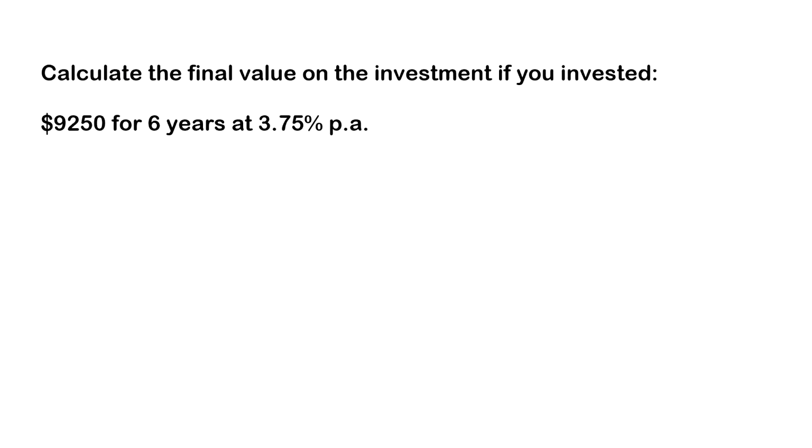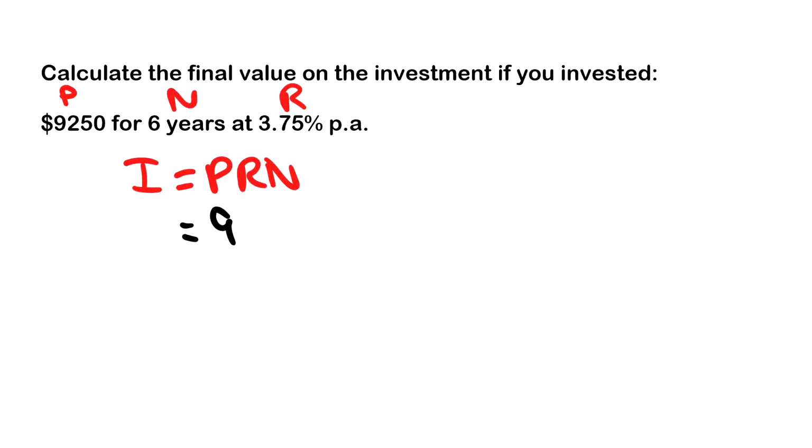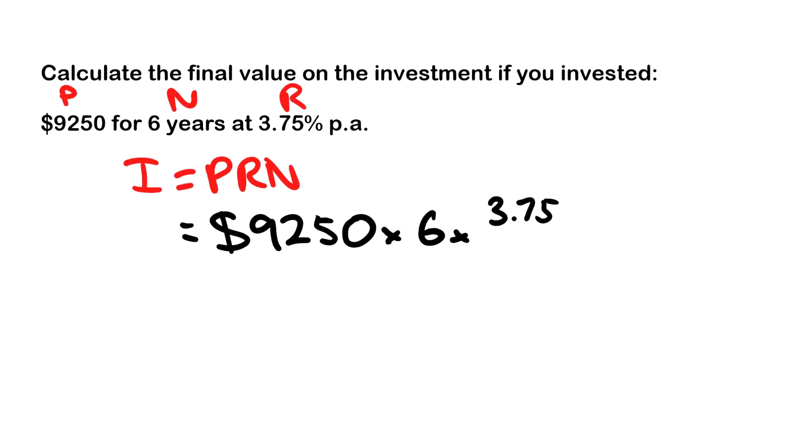Now we need to calculate the final value on the investment if you invested this. So again, same thing. I equals PRN, so $9,250 times 6 times 3.75 over 100 equals $2,081.25.